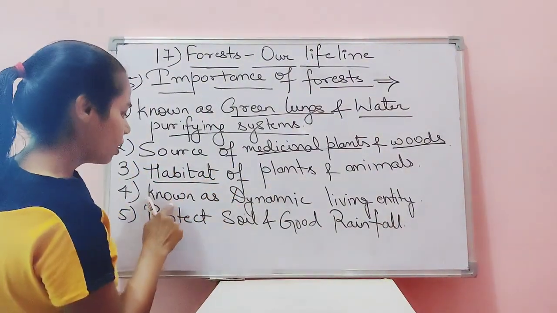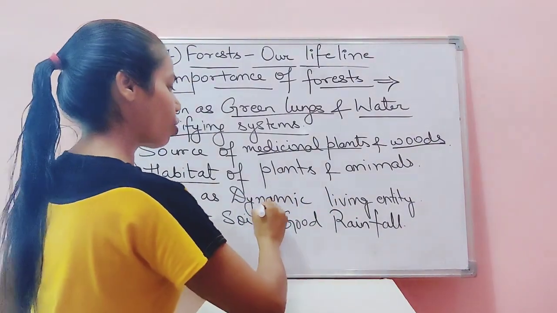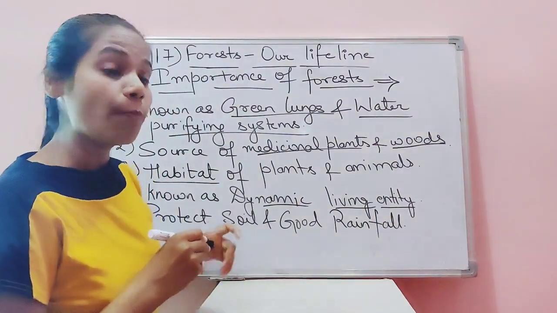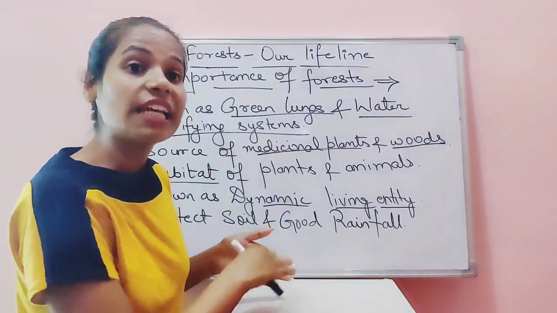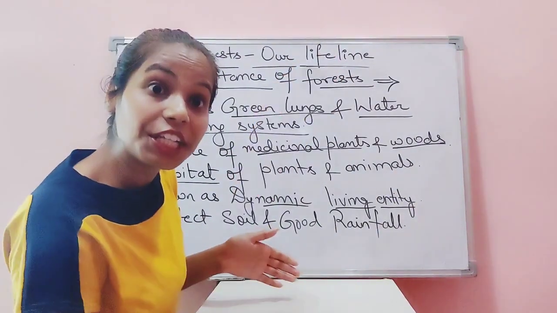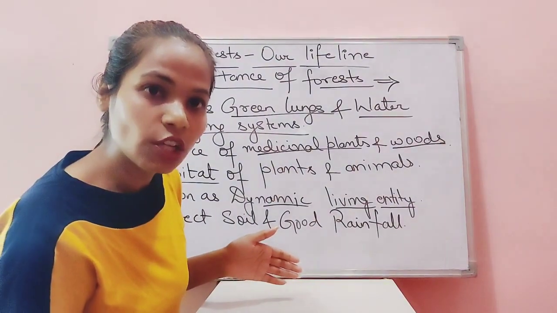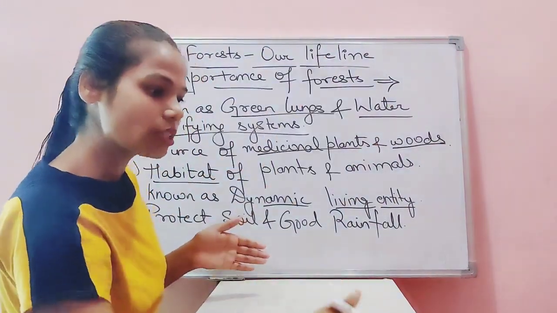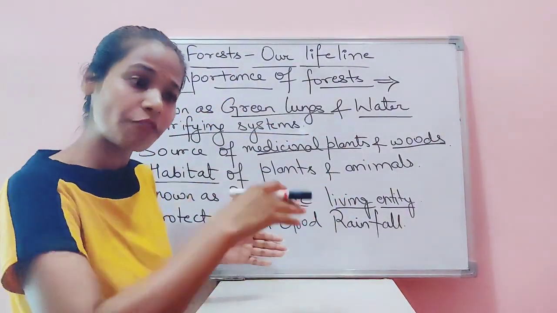Okay, known as dynamic living entity. What do we understand by dynamic living entity, children? Means the nutrition cycle is actually revolving continuously inside the forest. No nutrient is getting lost. Fine. The herbivorous are taken up by the carnivorous. Carnivorous are taken up by the omnivorous. Omnivorous are taken up by the saprotroph.